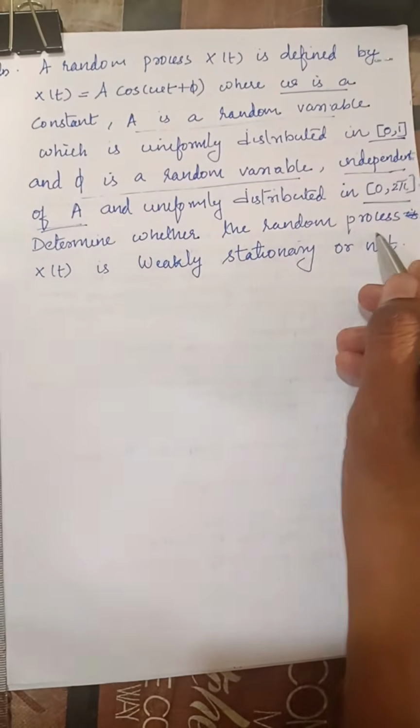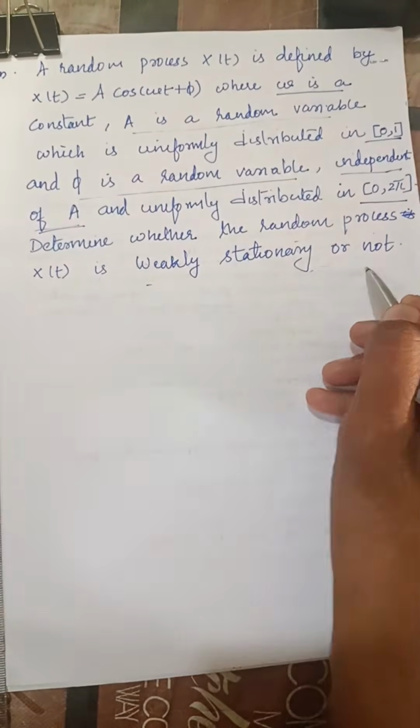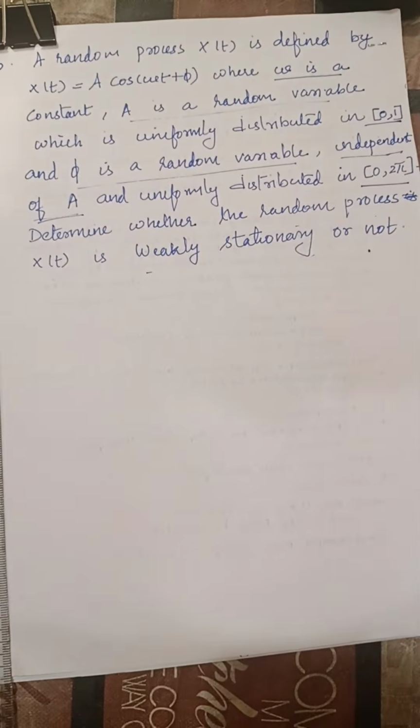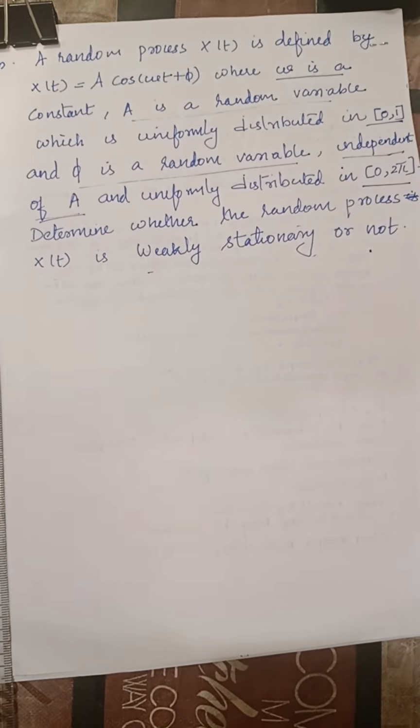So we have to determine whether the process x of t is weakly stationary or not. Weakly stationary means wide-sense stationary or covariance stationary. Okay, so let's see how we can solve this problem.